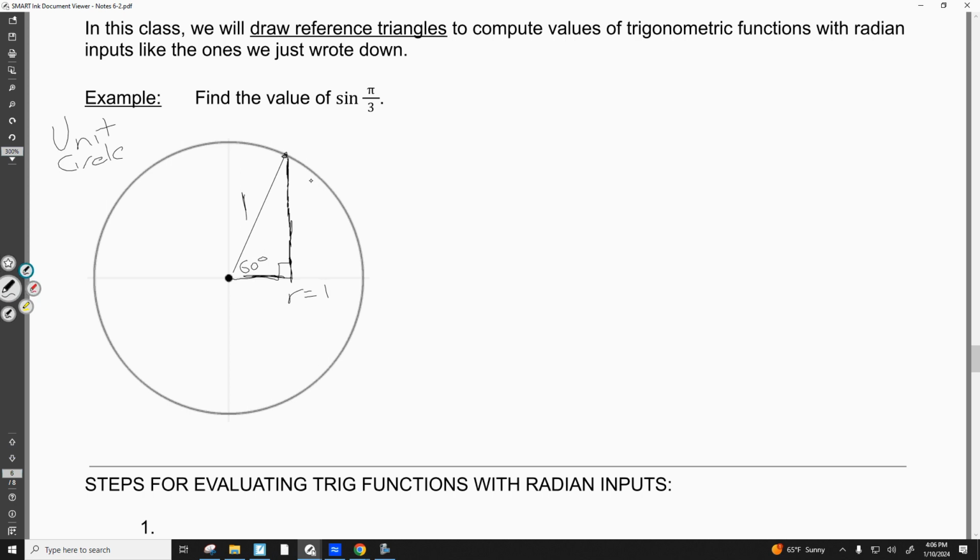Okay. Now, what are the side lengths of this leg and this leg if that hypotenuse is 1? Write them down.